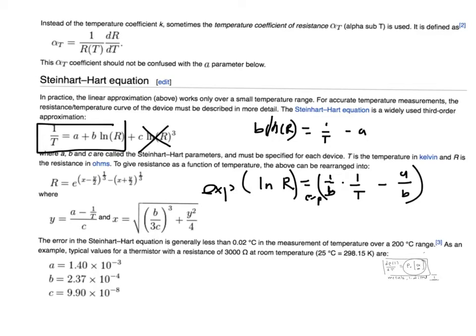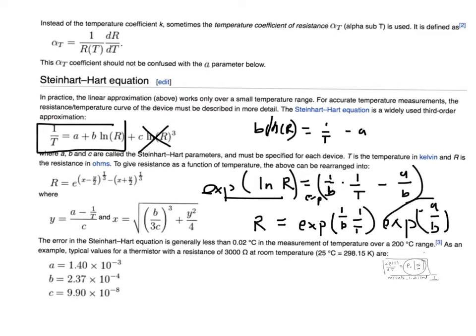Raise this to exponential, and you'll see what you get is R equals exp of 1 over B times 1 over T times exp of the negative A over B.